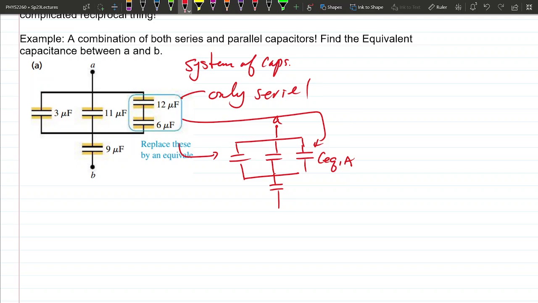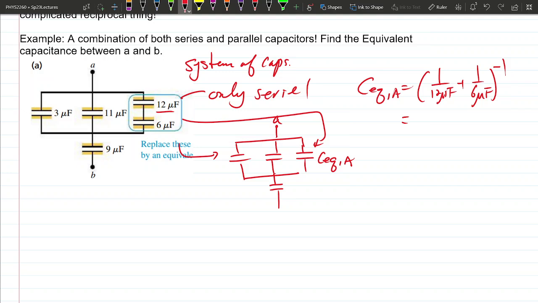So C equivalent A is going to be the complicated formula, because series are the complicated ones. 1 over C1 is just going to be 2 microfarad, C2 is 6 microfarad, all to the -1.